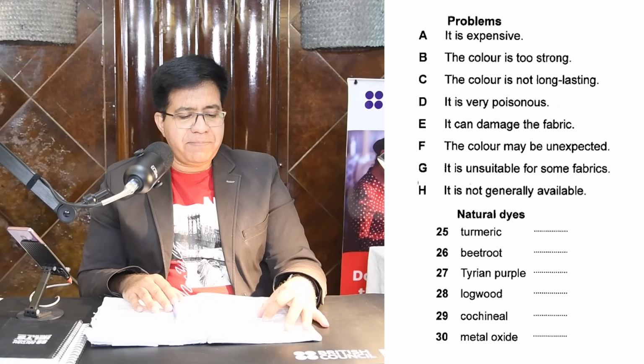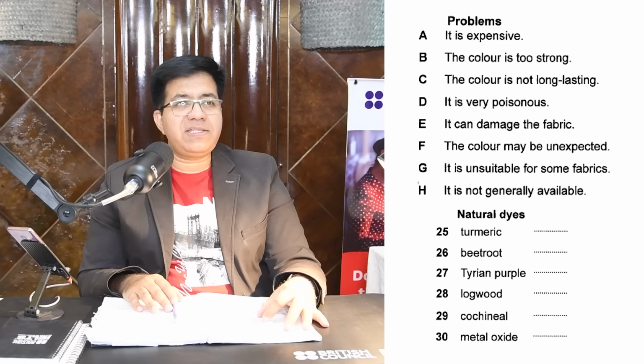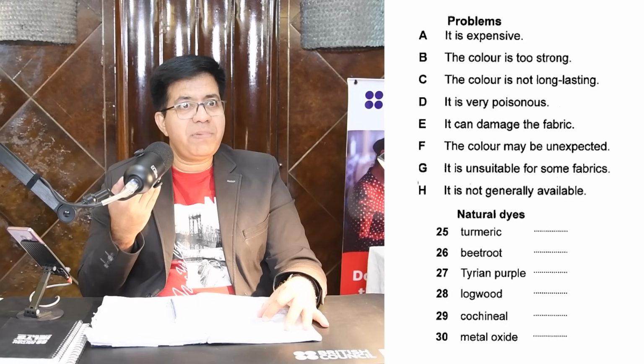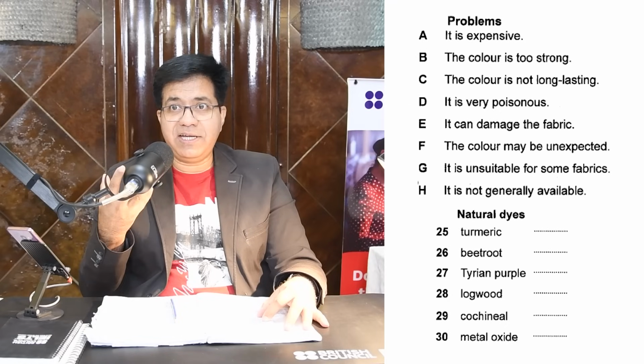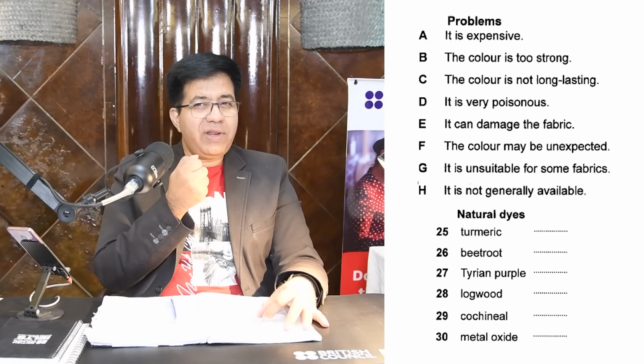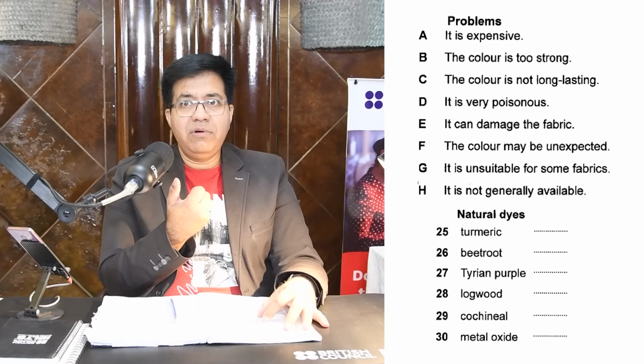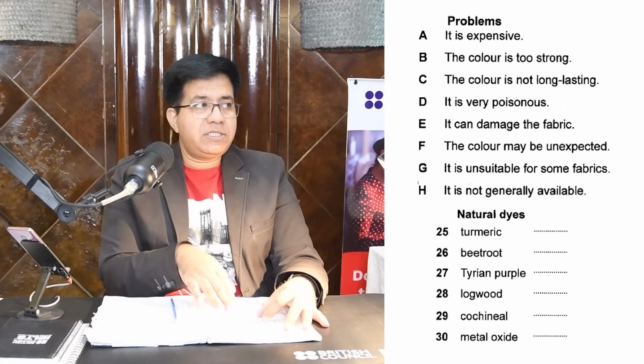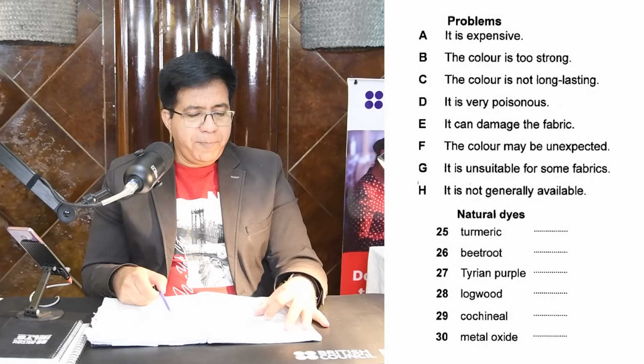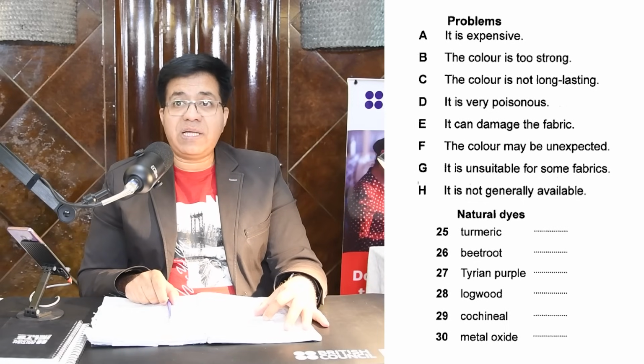Option F, color may be unexpected. Now what is unexpected color? You are expecting red color and it gives you pink color. This is unexpected. You make a dye and you are expecting this dye will give you green color, but it gives you brown color. So it is what? Unexpected. Option G, unsuitable for some fabrics.